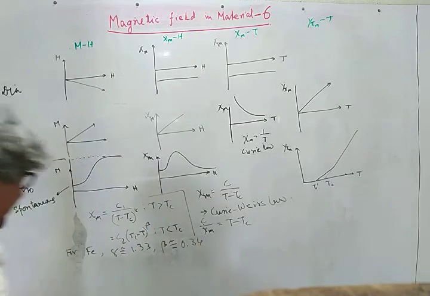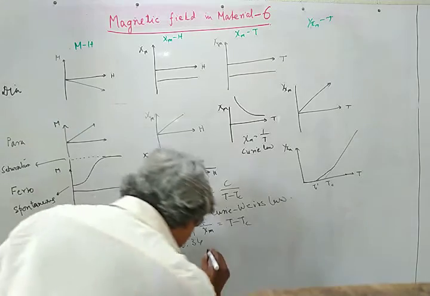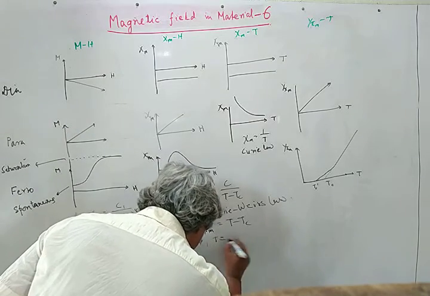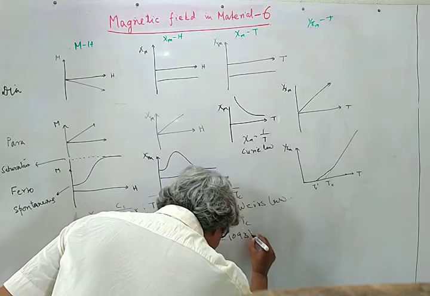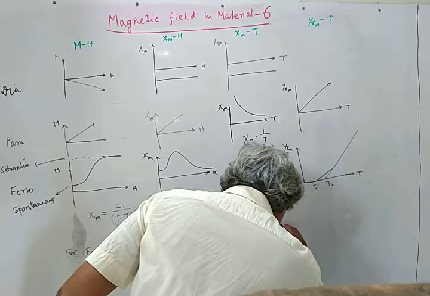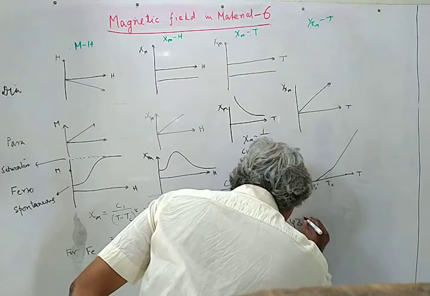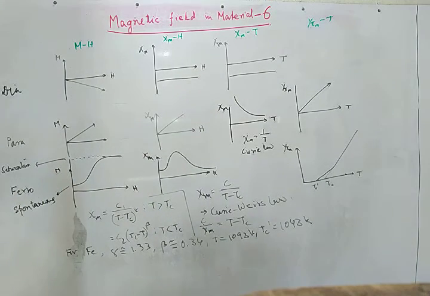So we see the variation is not very simple, and furthermore Tc is equal to 1093 Kelvin and Tc prime is equal to 1043 Kelvin. Generally this is called the Curie temperature.